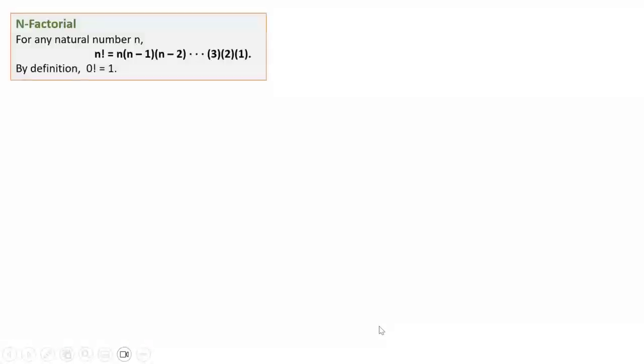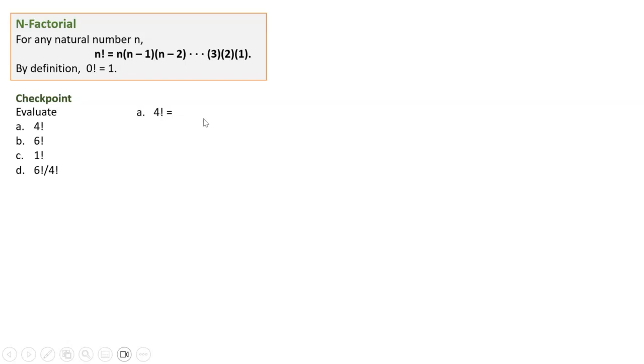Okay. Now we're doing factorial. Factorial means you're going to go n times n minus 1 times n minus 2 times dot dot dot times 3 times 2 times 1. And by definition, 0 factorial is equal to 1. Okay, let me show you what that means.